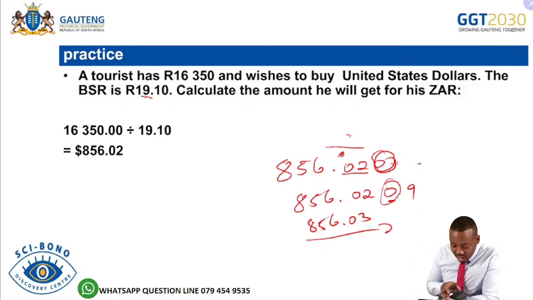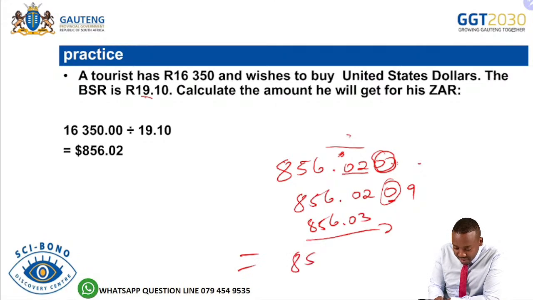But when you check your calculator here, it is 02,0, then the correct one will be 856,02. Then that's where you will get your mark.